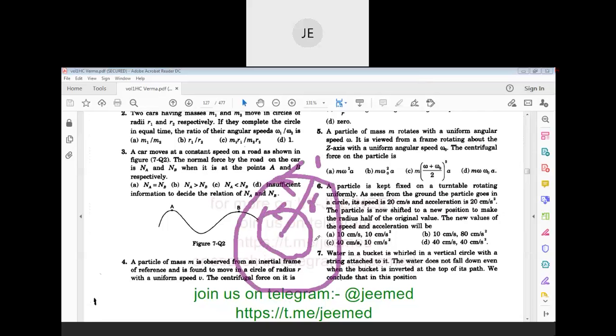And the second case, the radius is r by 2, half of the radius. The turntable is rotating. First we kept the object at radius r and it is rotating, its speed is 20 centimeter per second, acceleration is 20 centimeter per second square. When the radius is r by 2, then what is the speed and acceleration? That is what the question is.